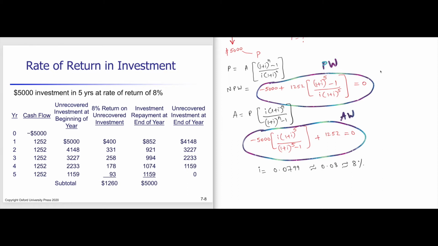So what I've done is I pretty much inserted this equation here. I used this equation, plugged it into the calculator, and used an option called solve.